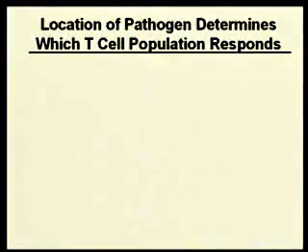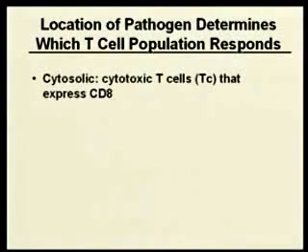So again here, what's important is the location will dictate what type of response is elicited. If the pathogen is infecting the cytosol, typically you'll get a CD8 response or a cytotoxic T cell response. So what will happen is the CD8 cell will be activated. It will actually kill that infected cell.